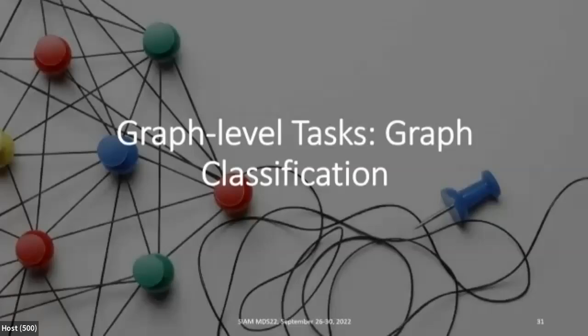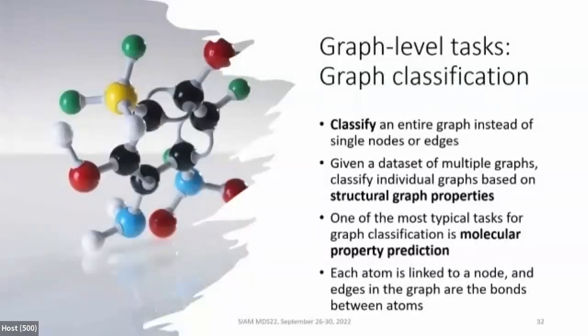And then finally, at the graph level, the objective here is to classify an entire graph instead of just single nodes. Given a data set of multiple graphs, we want to classify individual graphs into classes based on their properties. One of the most typical tasks in graph classification is molecular property prediction, and this is actually a regression task.